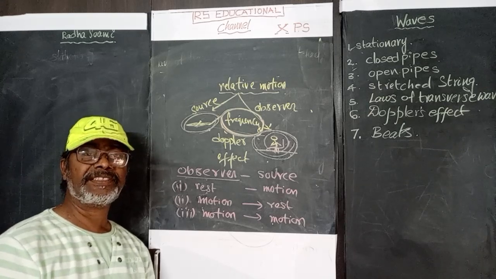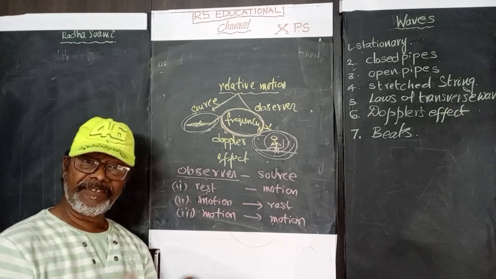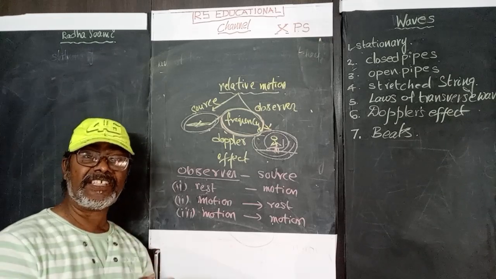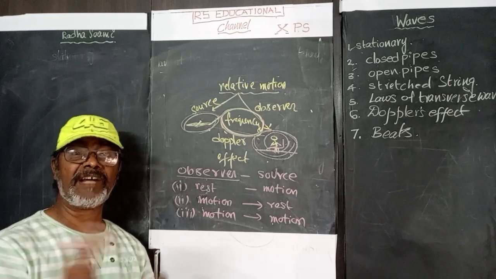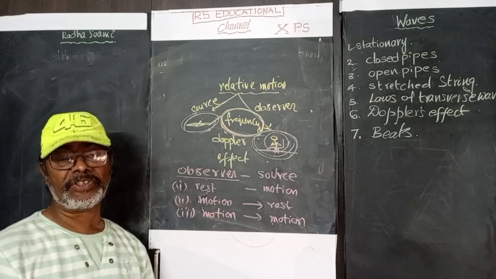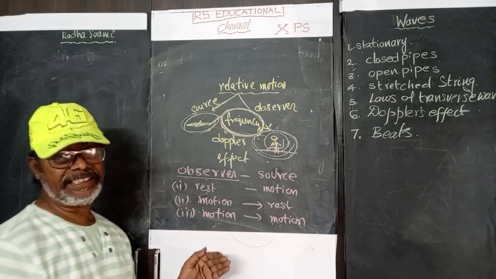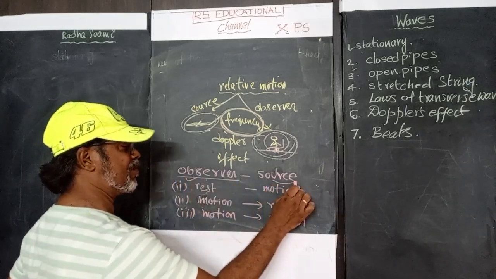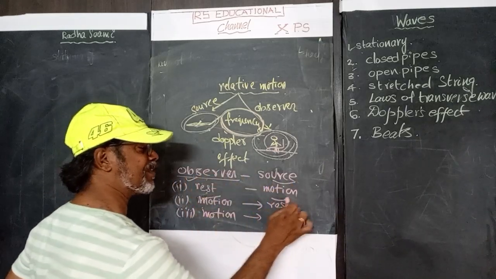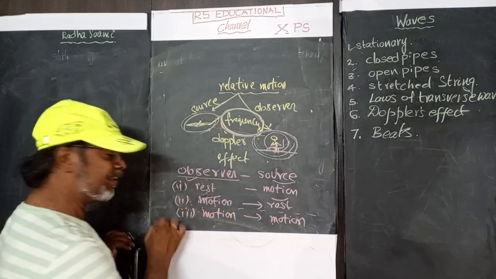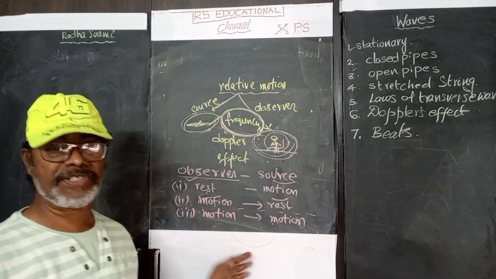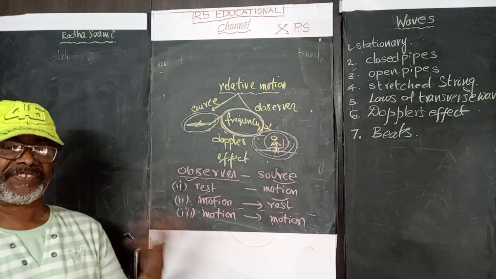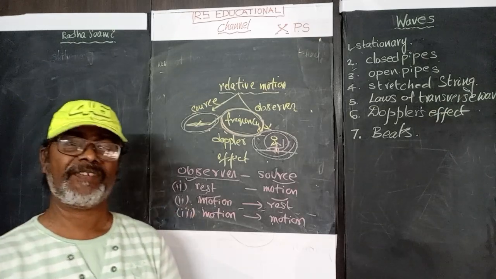But we get a change in the frequency if one is constant and there is motion, or both are in motion. Observer is rest, source in motion. Observer is motion, source in rest. Third one, both are in motion. Depending upon this, there are 3 cases to explain the Doppler effect.